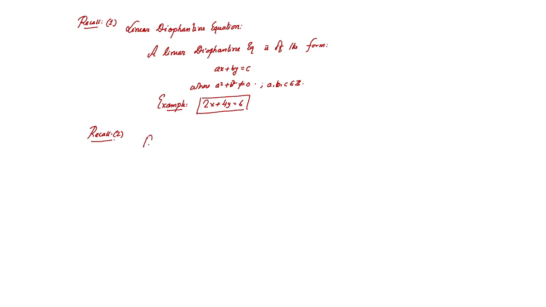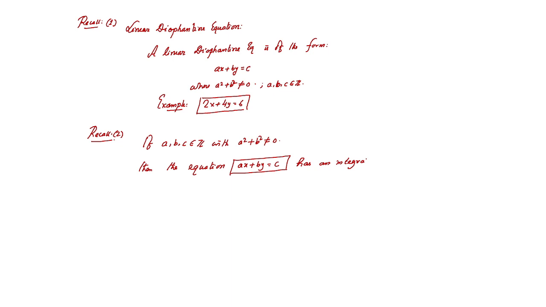If a, b, c belong to Z with a square plus b square non-zero, that means at least one of them is non-zero, then the linear Diophantine equation ax plus by equals c has an integral solution, that means a solution in integers, if and only if d divides c, where d is equal to GCD of a and b.